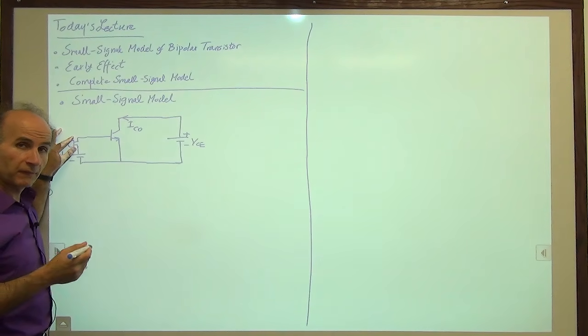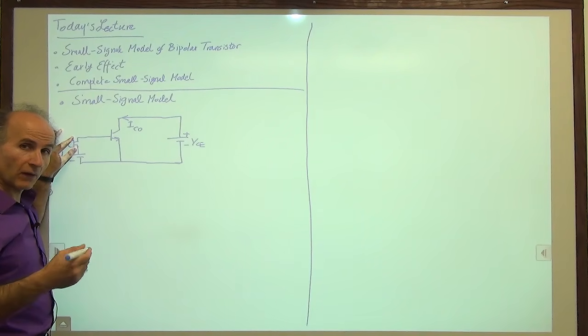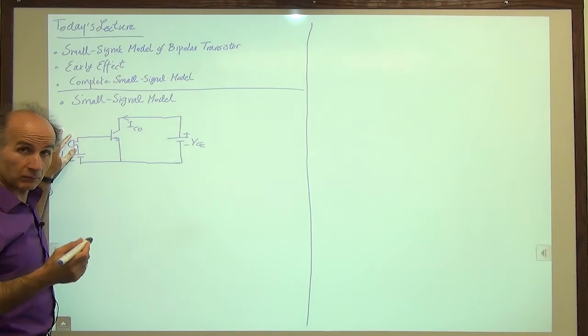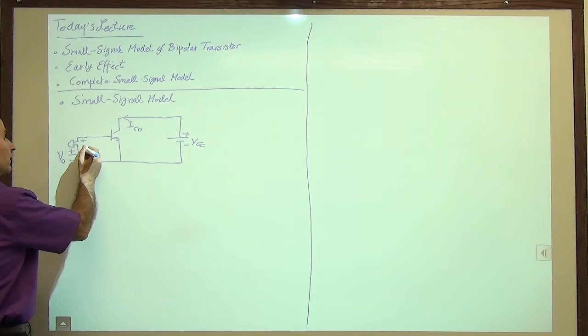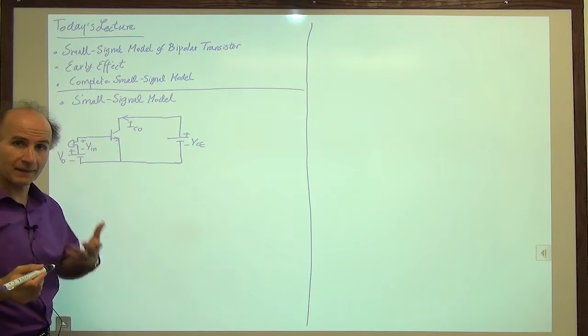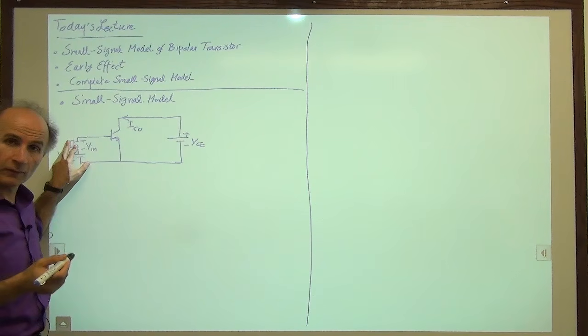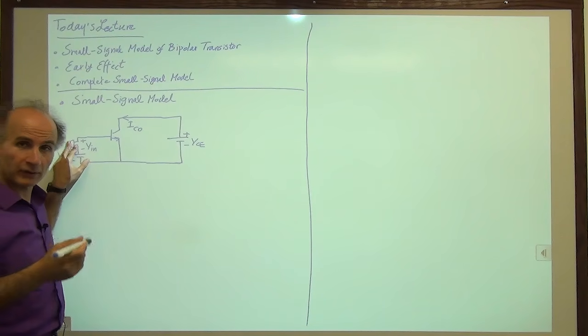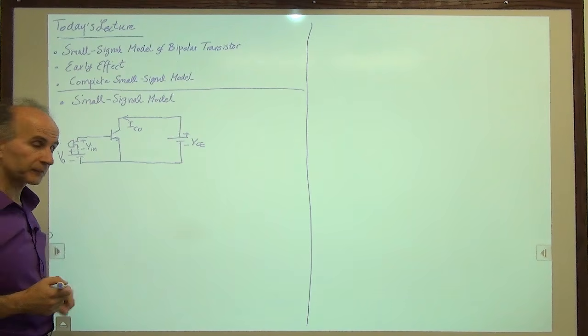I don't want to write Vm sine of omega t for the microphone signal all the time because it may not even be a sinusoid. So we will just call this Vin, the input signal. This is a signal. It's an input signal. It's a voltage. And it's coming from something. It could be a microphone. It could be a digital camera. It could be anything else, right? And we would like to amplify that.